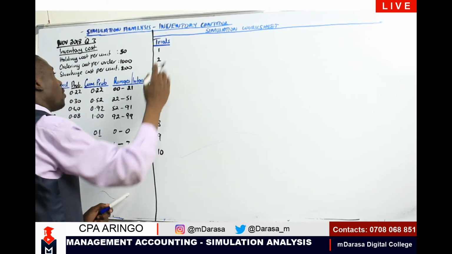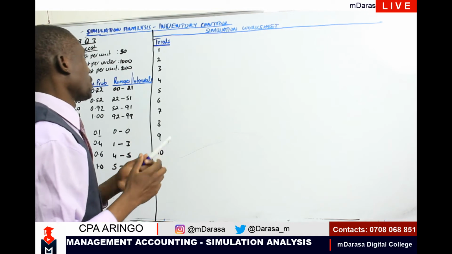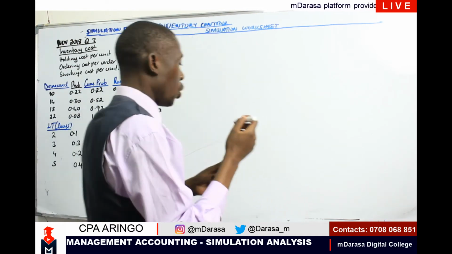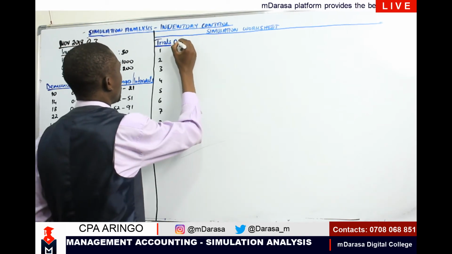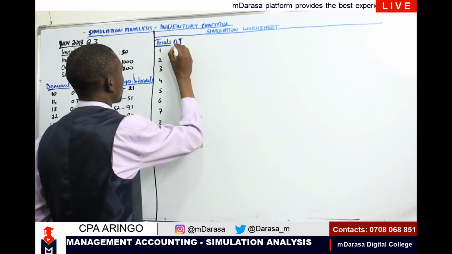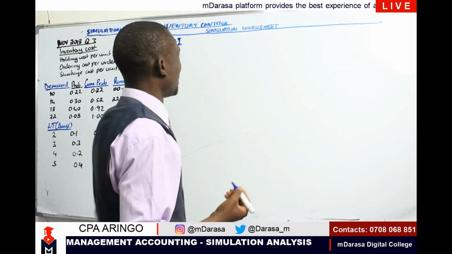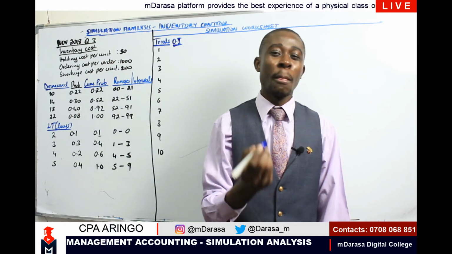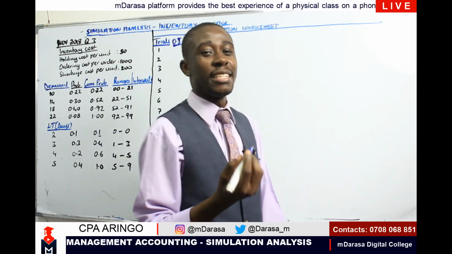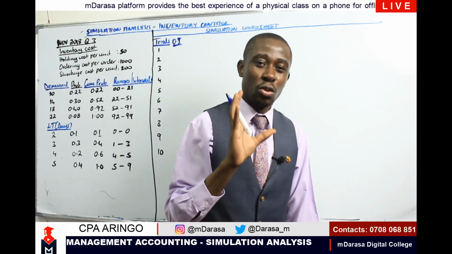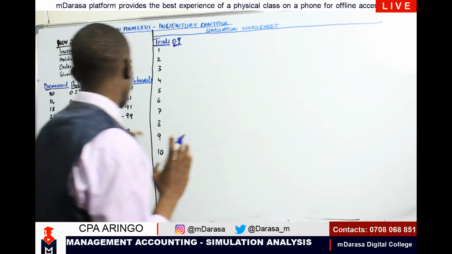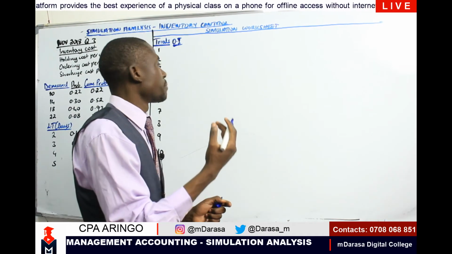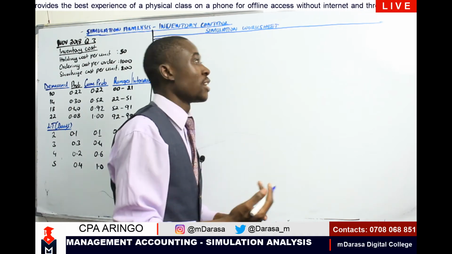After we have our trials, the next concept to do, because we are dealing with inventory, is always to consider your opening inventory. After you have your opening inventory, my good student, the next thing is to consider the variables that you are given. The first variable is demand, and these variables will always be attached with random numbers.